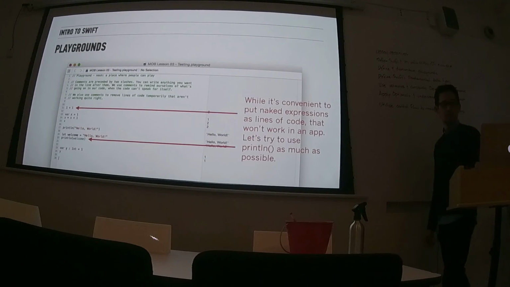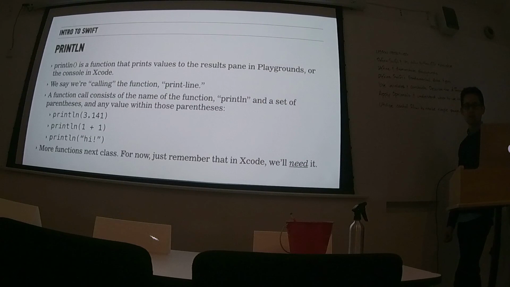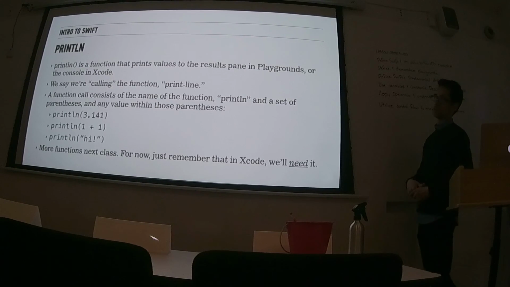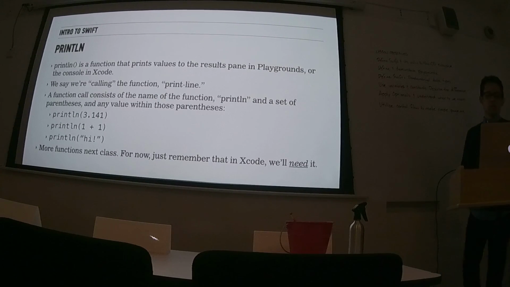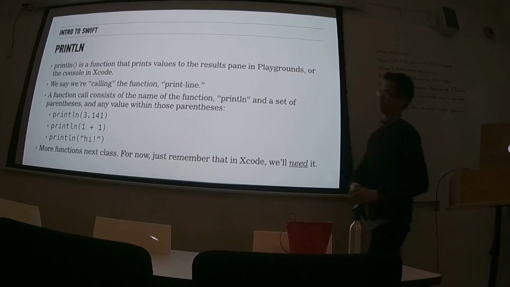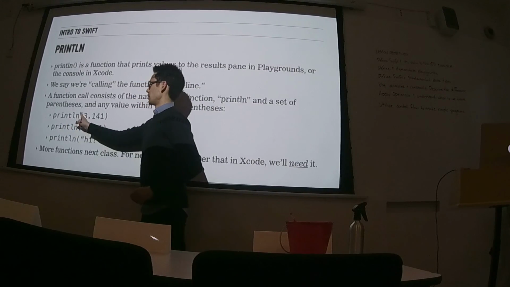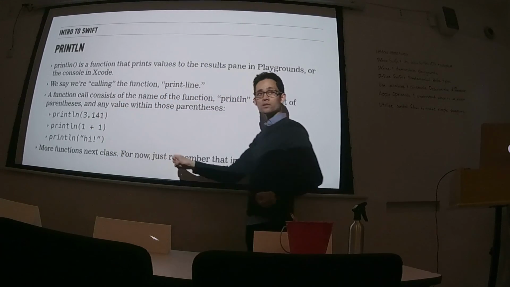into the console. Even though it's a bit premature to talk about this function, I want you to know what it means because it's in the playgrounds. It's a function that prints values both in playgrounds or to the console in Xcode. The syntax that you're looking at, which is this name and these parentheses and any value inside, is called calling the function.